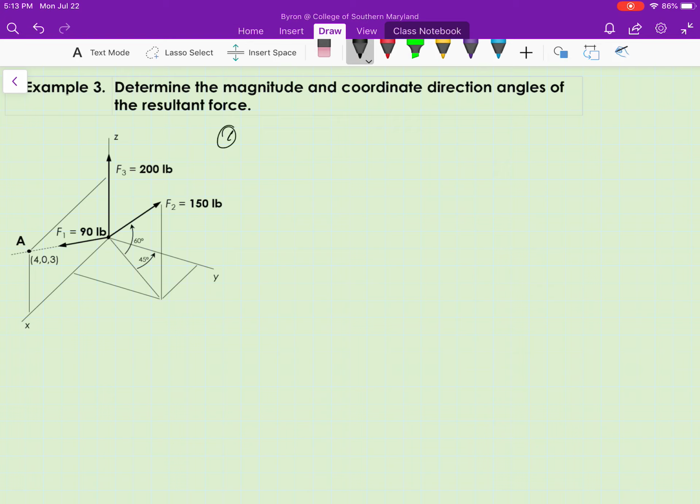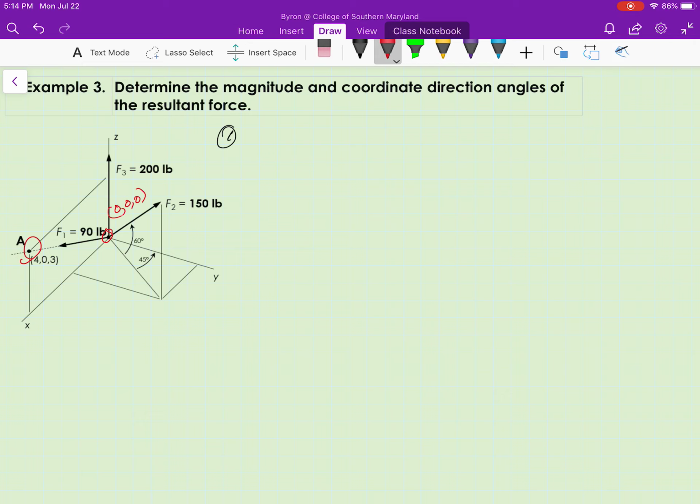So let's start with step one. And we'll look at F sub 1 first. F sub 1 is a 90-pound force that doesn't have any given direction angles associated with it, but we do notice that it acts through point A, and it also acts through the origin, which remember is just 0, 0, 0.